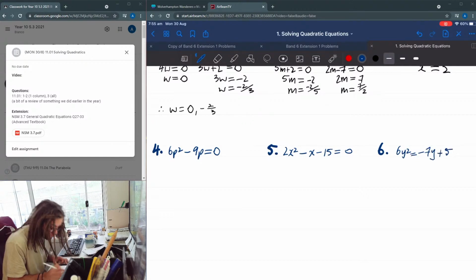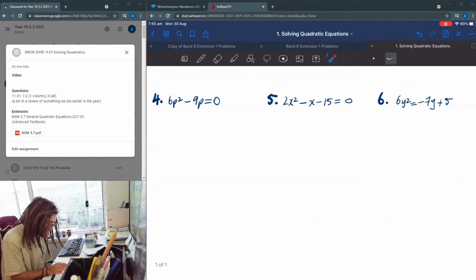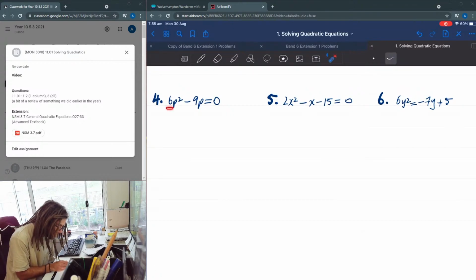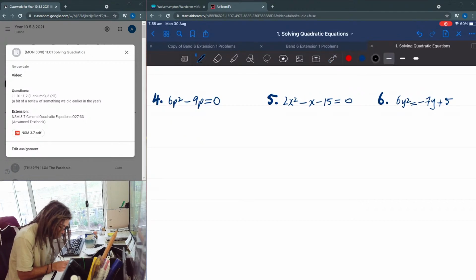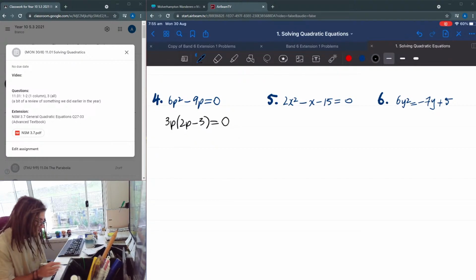Now, when you're factorizing, the first thing you should look for is a common factor. So a common factor in here is 3p. So I'm going to rewrite this as 3p outside of 2p minus, gee, I haven't done this in a while, that, and I'm fully factorized. So that's the easiest way to factorize.